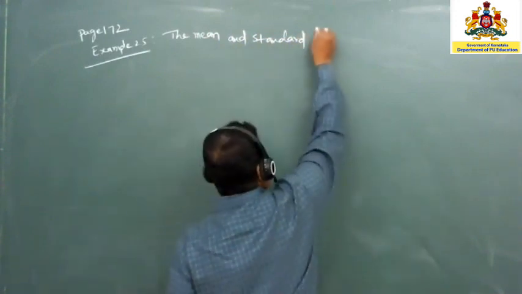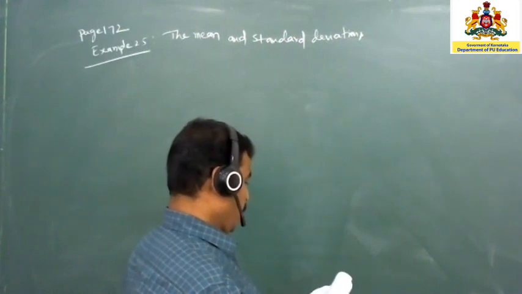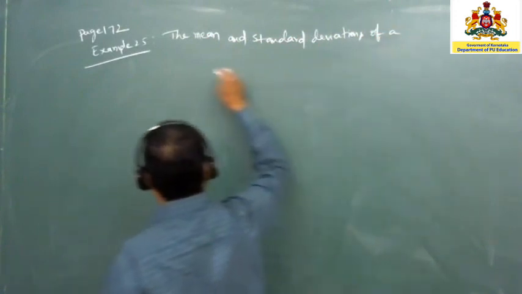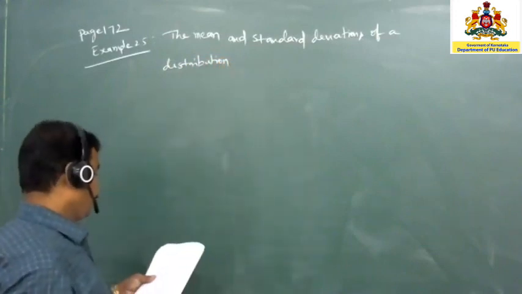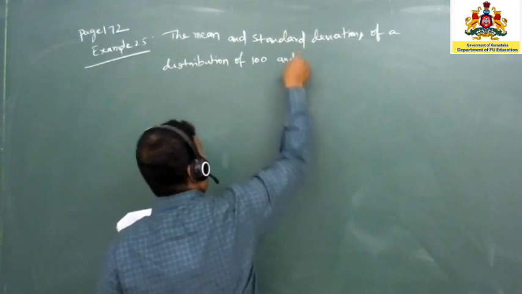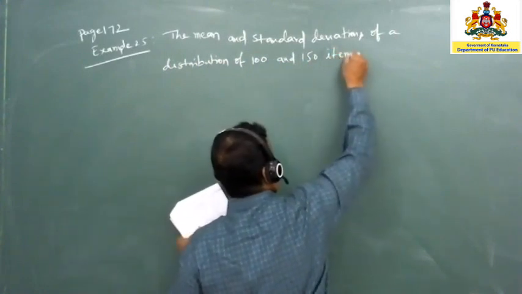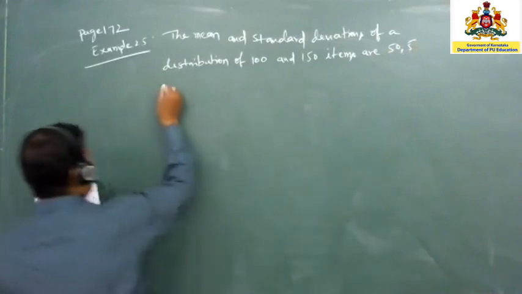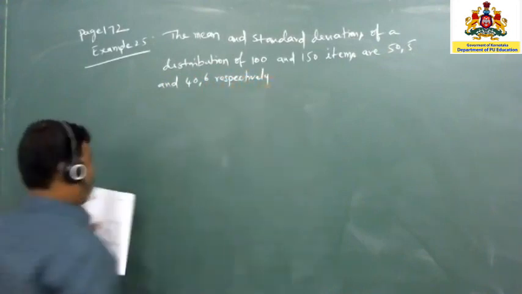of a distribution of 100 and 150 items are 50, 5 and 40, 6 respectively.